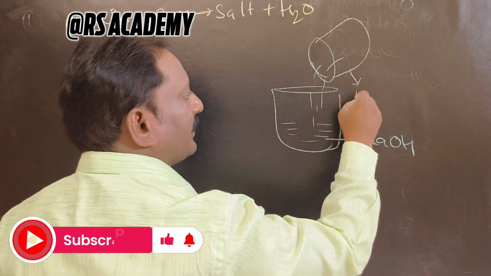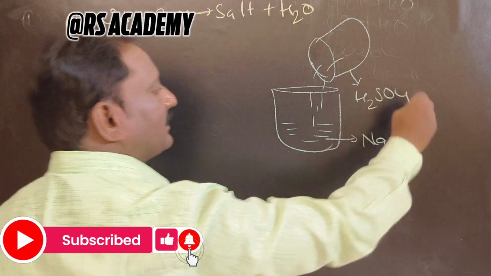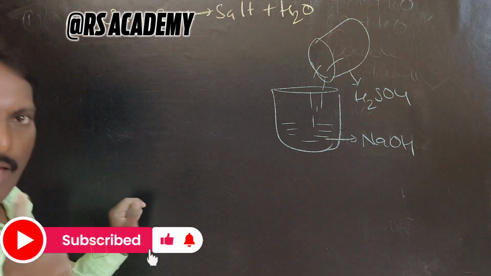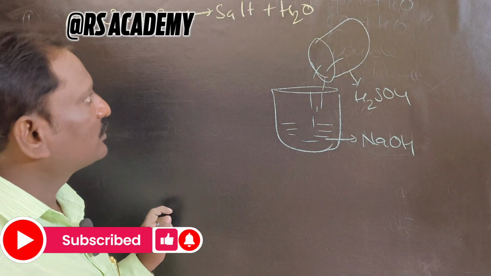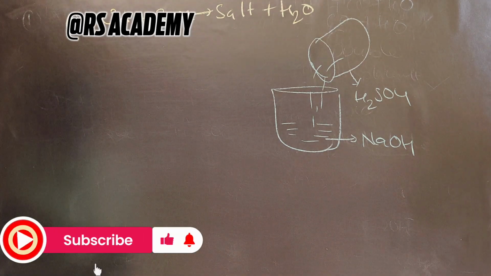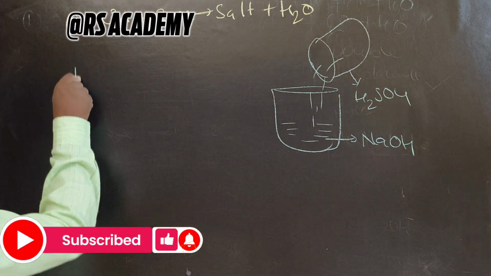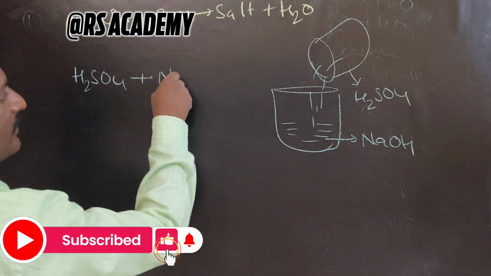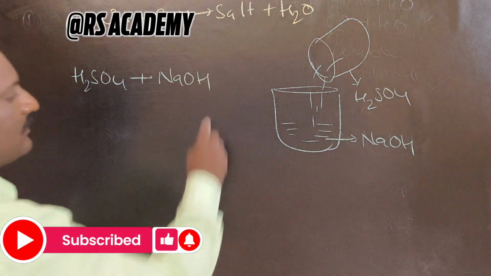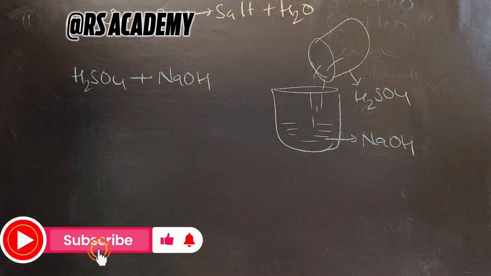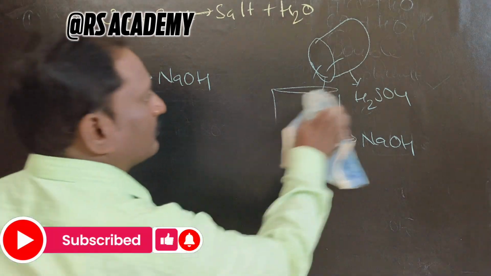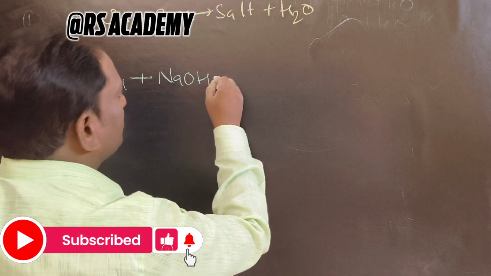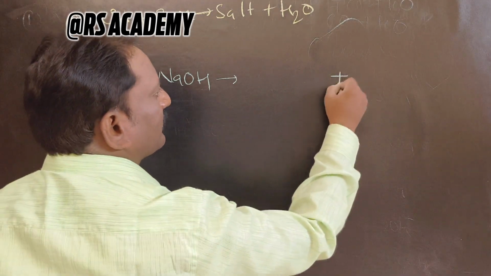According to the statement, generally acid reacts with base gives salt plus water. The acid is sulfuric acid, the base is sodium hydroxide. You will get salt plus water. Leave a gap for salt and write water.